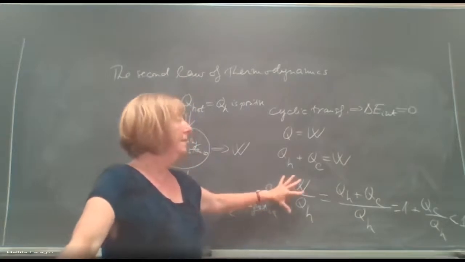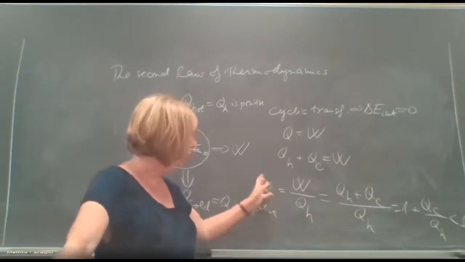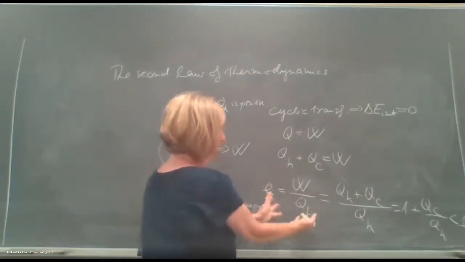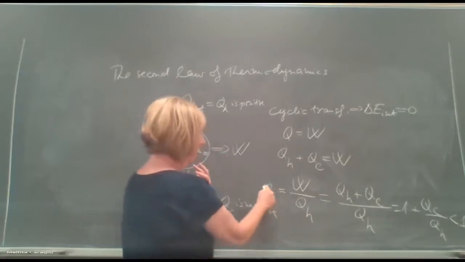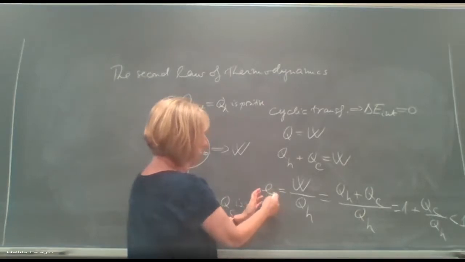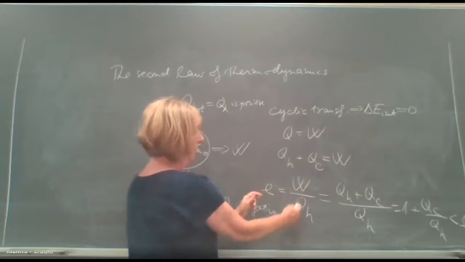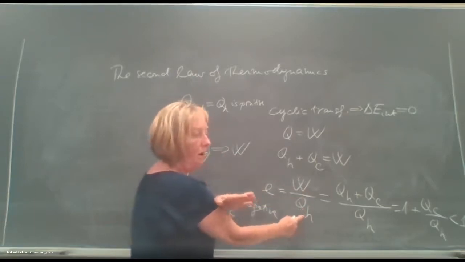So since engineers are trying hard to make the efficiency closer and closer to 1, people were thinking, what is actually the meaning of efficiency 1? And you can imagine if you're looking at efficiency equals work divided by Q hot, if you want this to be 1, that means work equals Q hot.